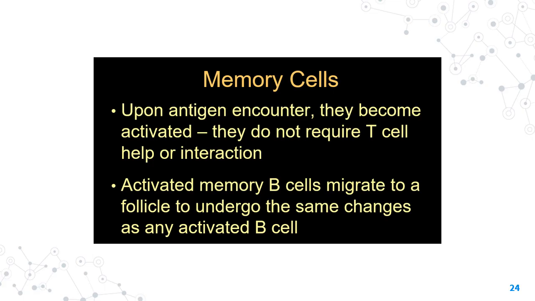All right. What is the use of our memory cells? Well, the memory cells are not naive, so they do not need 2 signals to become active, because they already had those before. So the memory cells only need 1 signal to get activated. That's why they're so important, because this 1 signal that they need, what do you think it is?